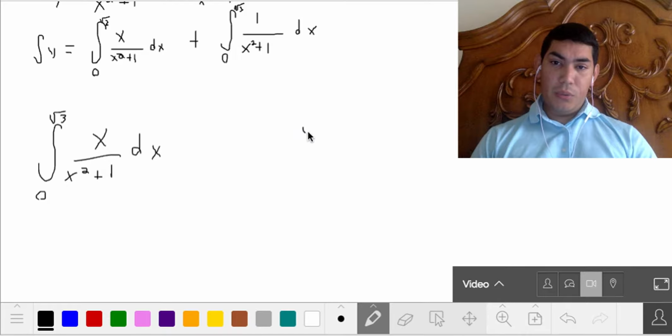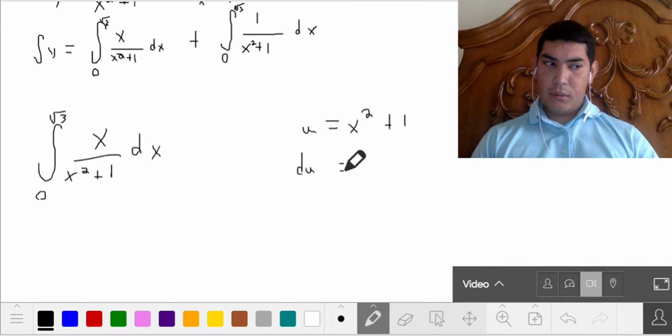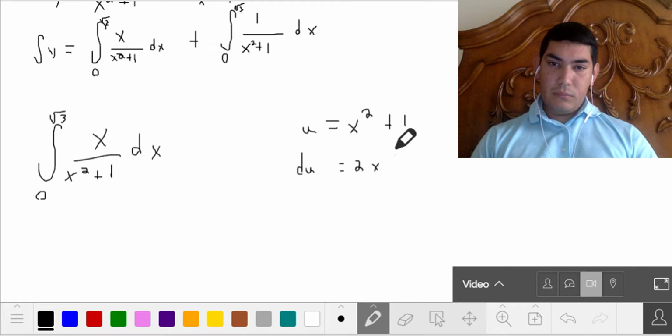So let's write u being defined as x squared plus 1, which is our denominator, and du as 2x dx.